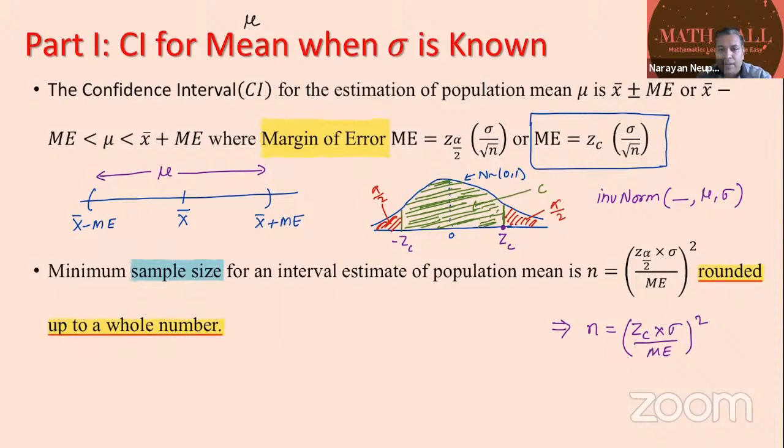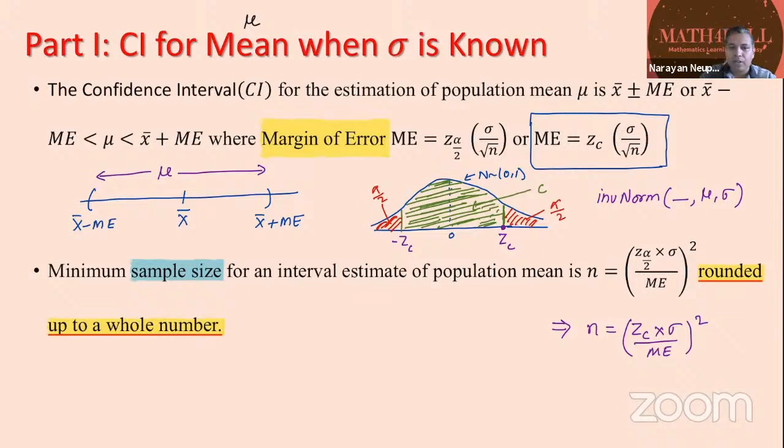You have to round your answer up all the time. We don't round to the nearest number here for sample size. That is how we find the sample size to construct the confidence interval.